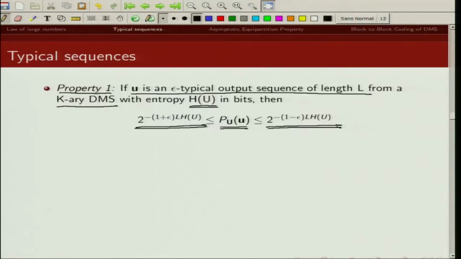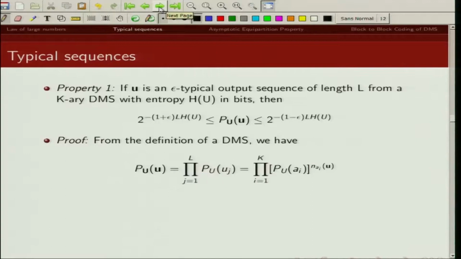So let us see how we can prove this. So from the definition of discrete memoryless source, probability of occurrence of U can be given as probability of occurrence of U1 into probability of occurrence of U2 into probability of occurrence of UL. So that's this quantity. Next, we can also write it in terms of the alphabets emitted by the discrete memoryless source. So since this is a K-ary source, it will emit A1, A2, up to AK.